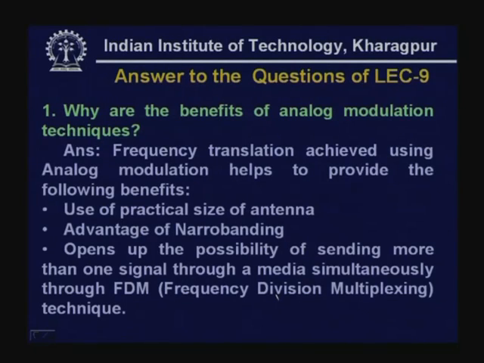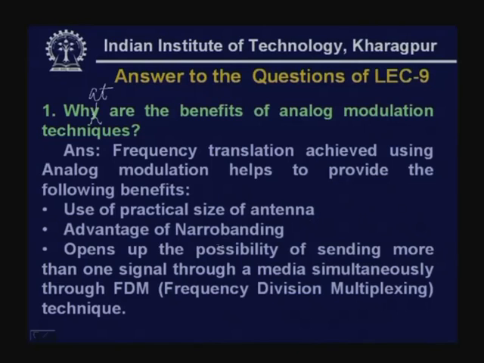The first question was, what are the benefits of analog modulation techniques? Answer is, frequency translation achieved using analog modulation helps to provide the following benefits. As I have discussed in detail, it allows you to have antenna of practical size.